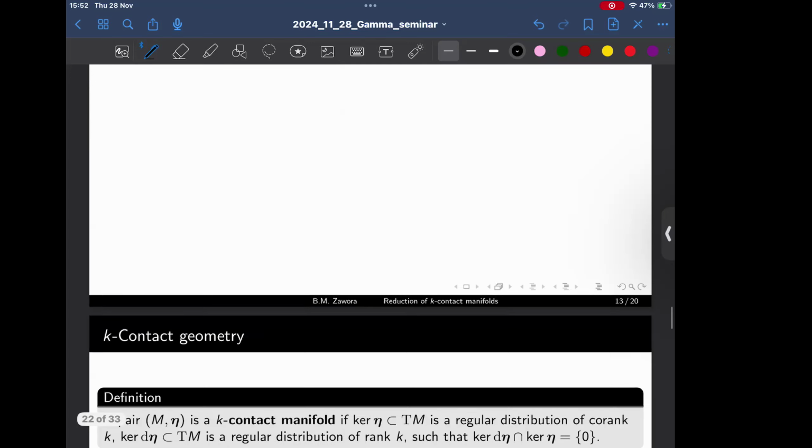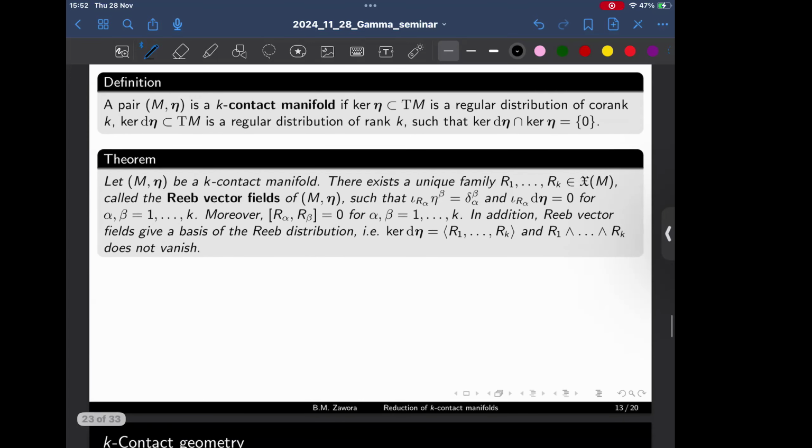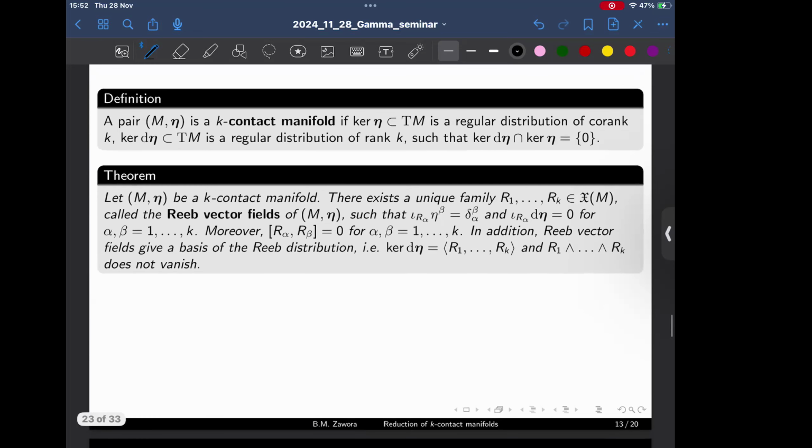Of course, here we consider only the so-called coorientable contact manifolds, which means that we have globally defined one-forms that satisfy this condition in the definition of a k-contact manifold.